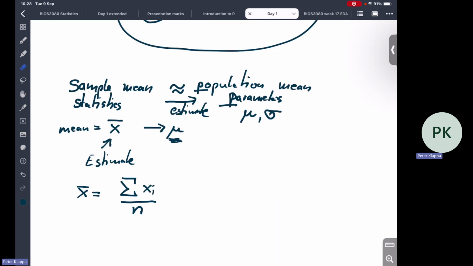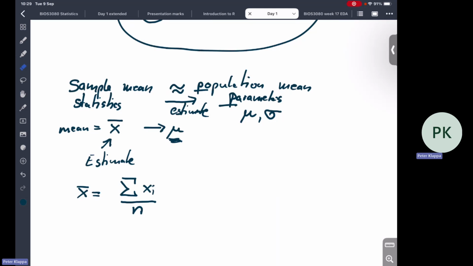Now, okay, we've got 175 as the estimate for the population. And I go back to these 10 people that I measured. Now, just to be on the safe side, I measure another 10 people.